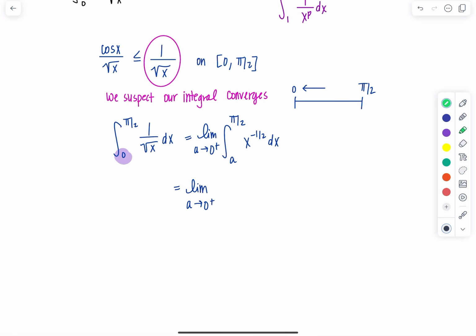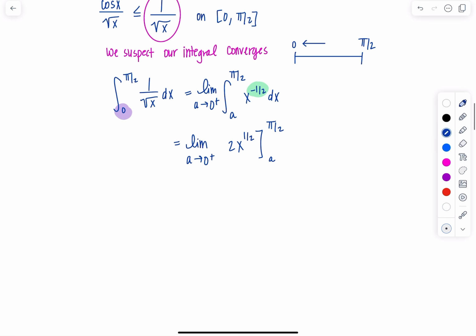What's next? You add 1 to the exponent, divide by the new exponent. So I'm going to have x to the positive 1/2, divide by positive 1/2, I'm going to have a 2, and this gets evaluated from a to pi over 2. All right, so this is the limit as a approaches 0 from the right of 2 times x to the 1/2, which is square root of pi over 2 minus square root of a.